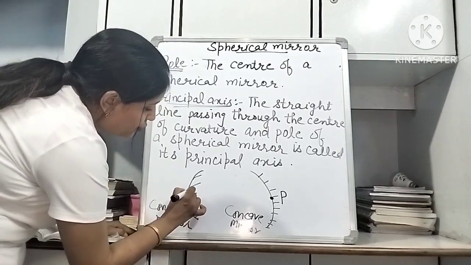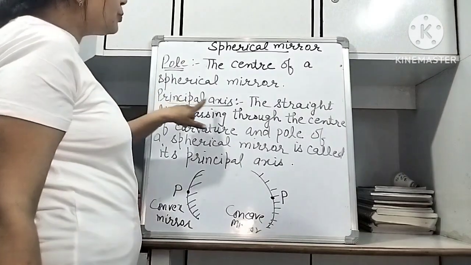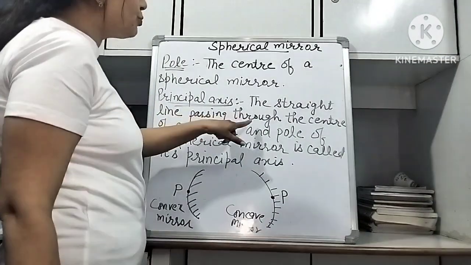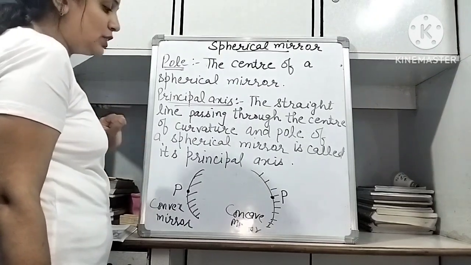The center of this spherical mirror is also known as a pole. Next is principal axis. The straight line which passes through the center of curvature and the pole of the spherical mirror is known as the principal axis.